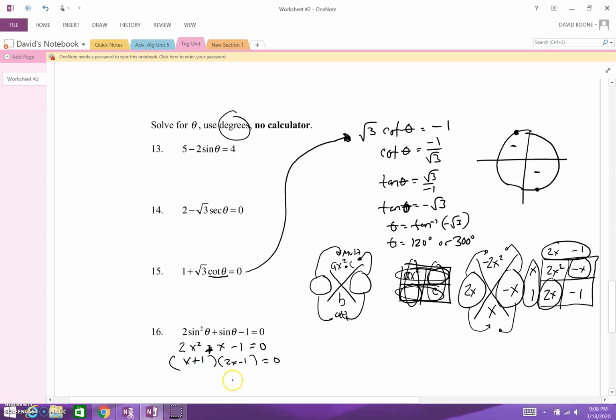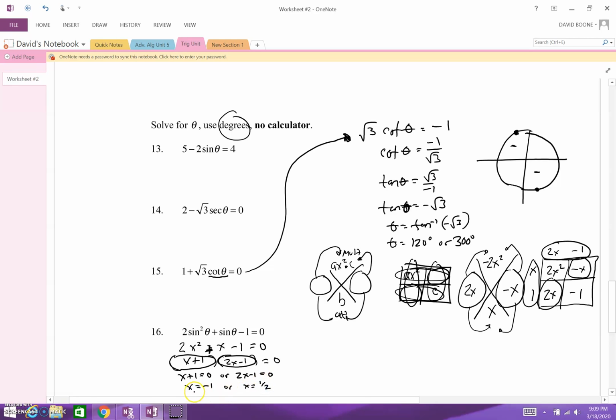But now we've got to remember how to solve these problems. Again, this is just saying if I've got this quantity times this quantity equaling 0, I know one of them must be 0. So x plus 1 equals 0, or 2x minus 1 equals 0. Just little algebra problems now. So x equals negative 1, or if I add 1 and divide by 2, x equals 1/2.